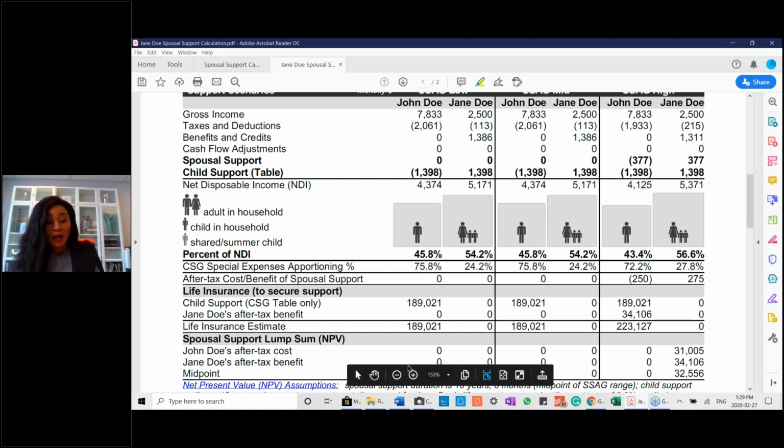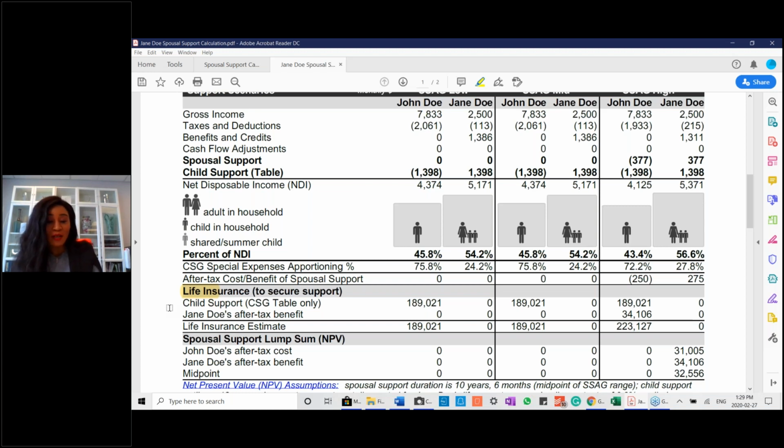You also want to think about security for support. If you're looking at our calculations here, it's just above the spousal support lump sum amounts. The life insurance is very important, because in this example, where Jane is making only $30,000, if anything were to happen to John, she would no longer be able to get the child support.